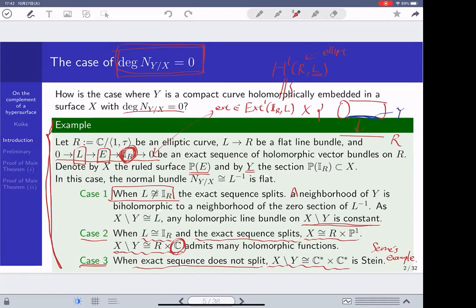So it is Stein. So case 3 is quite different from case 1 and case 2. What I wanted to explain by using this example is that many kinds of phenomena occur in the case where the normal bundle is flat.